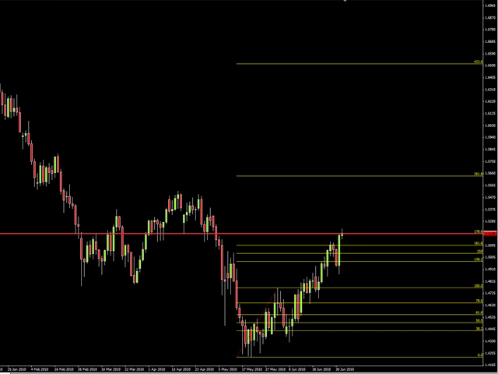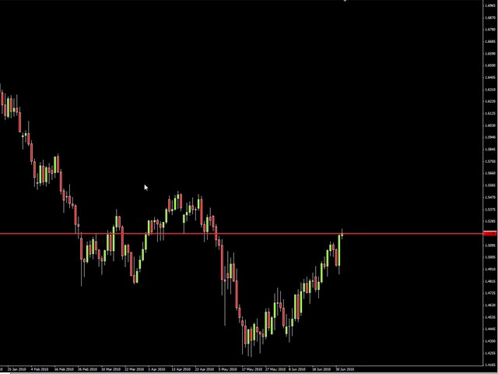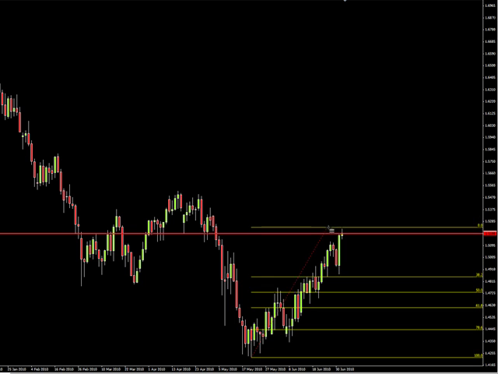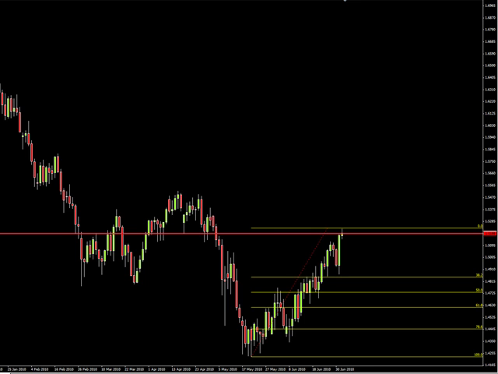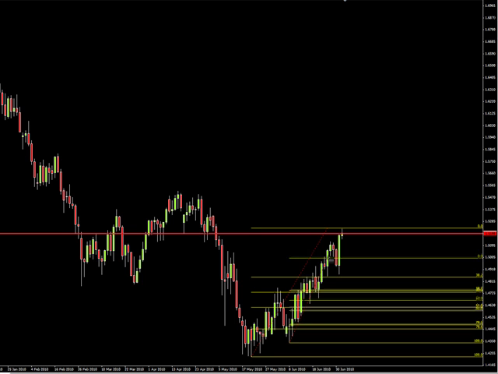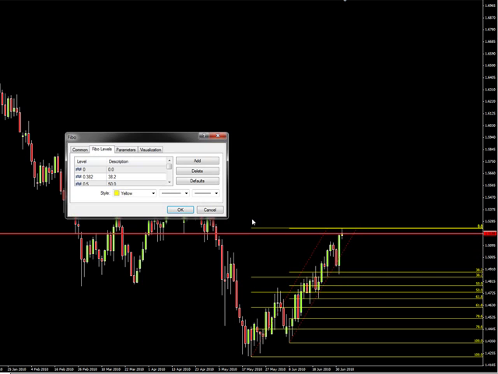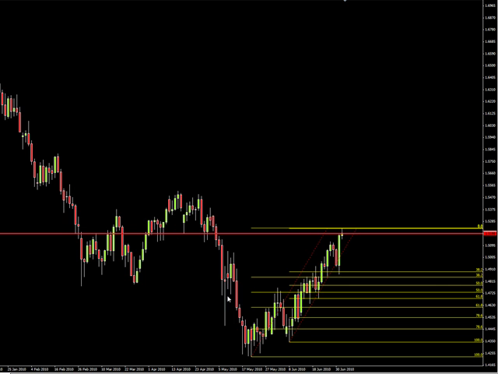So back to the daily. I'll remove this Fibonacci study and draw a new one in. Major low point there, up, and I'll draw that second one in. So we're looking for major areas of confluence.